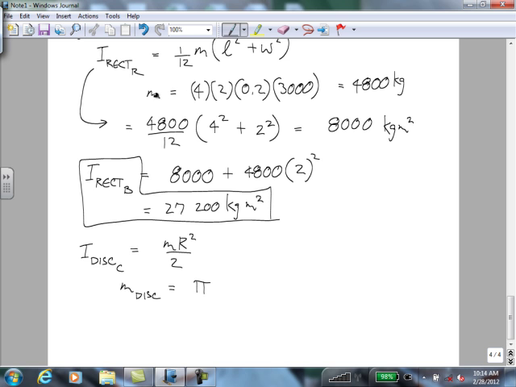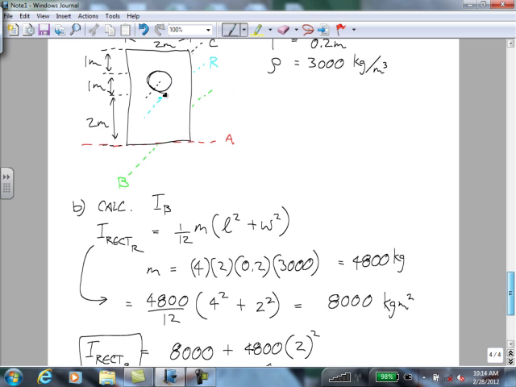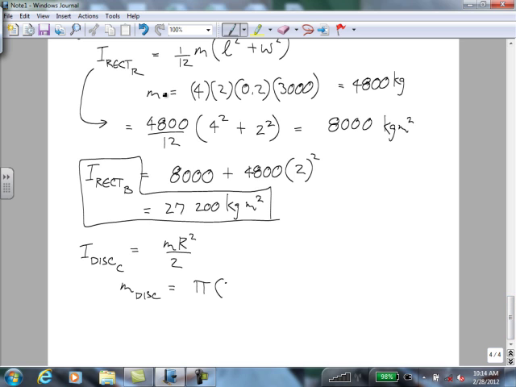So m r squared over 2, the mass of the disk is pi, the radius is 0.5, so pi r squared times the thickness times the density. What do you get there?